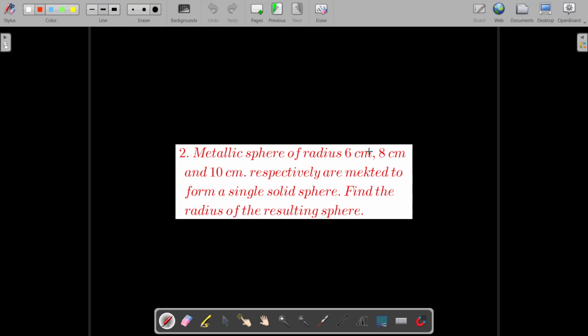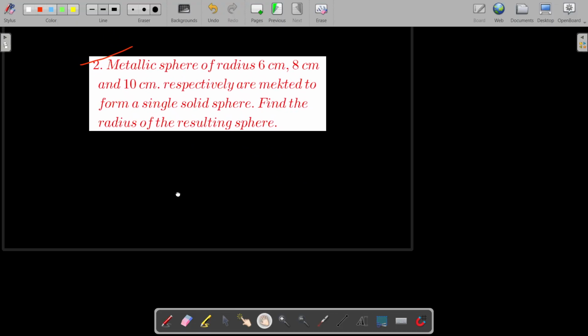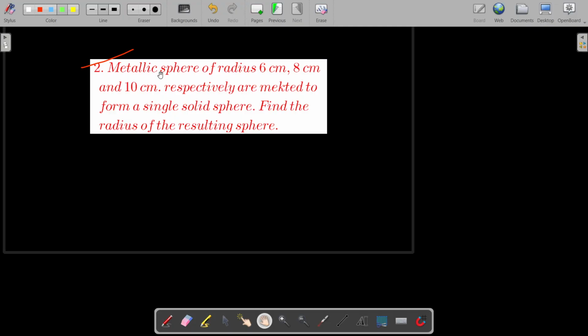So this is a good problem. This is a very good problem to understand the concept of volume. So let's read it and solve it. Spheres of radii, for multiple radiuses, radii.